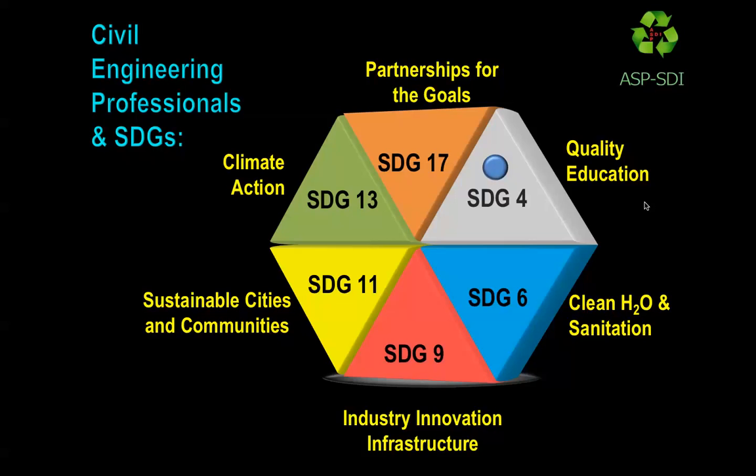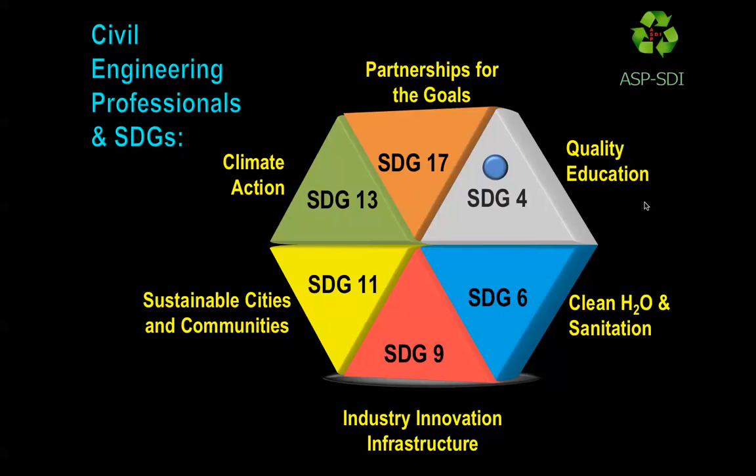And I forgot to mention, when we talk about 2030 in the earlier slide, all these 195 member economies under the United Nations Charter are supposed to make their development and their research focused on these 17 sustainability development goals.